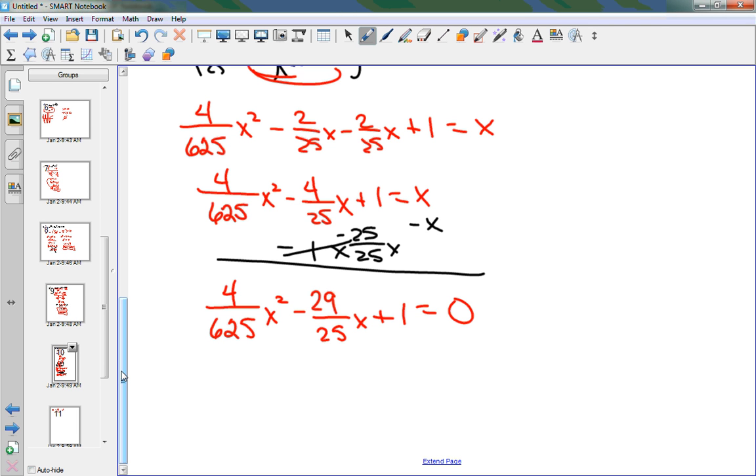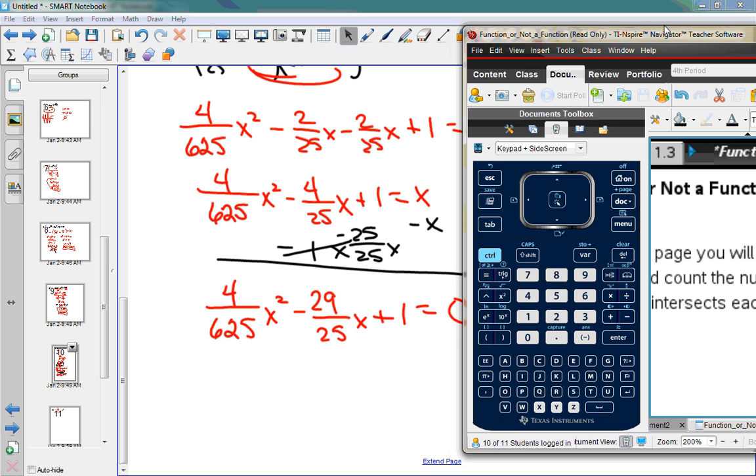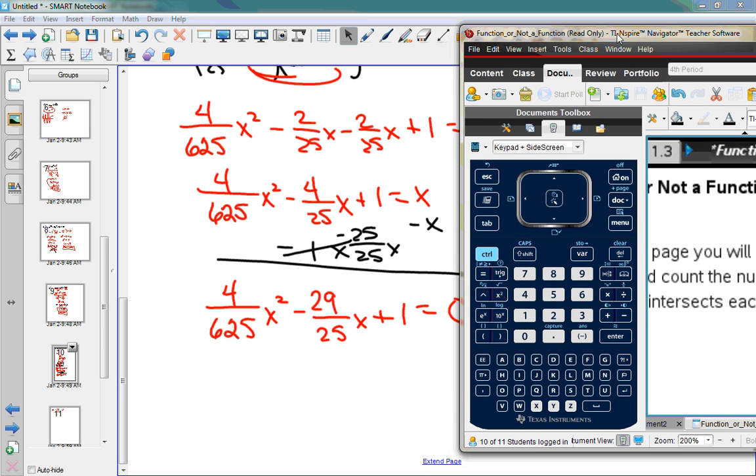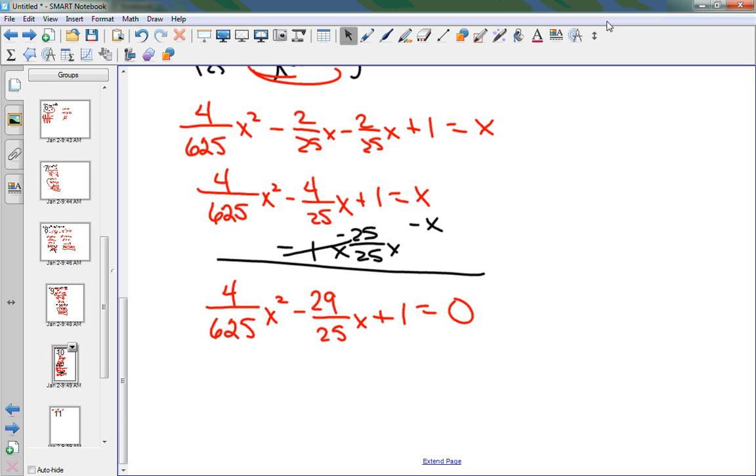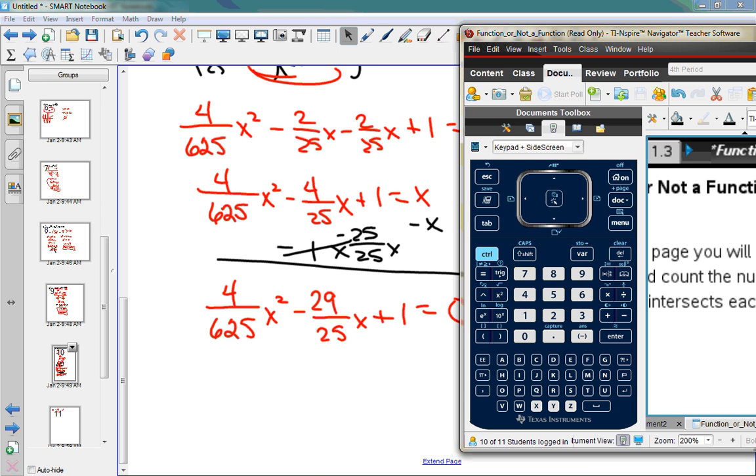Now, this is where it's ugly because you need to factor into two binomials, but we're not going to factor into two binomials. What we're going to do is use our graphing calculator. I want everybody to hit add a calculator page.